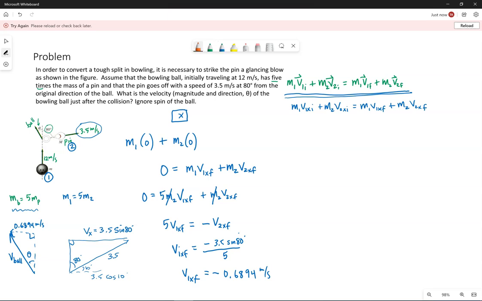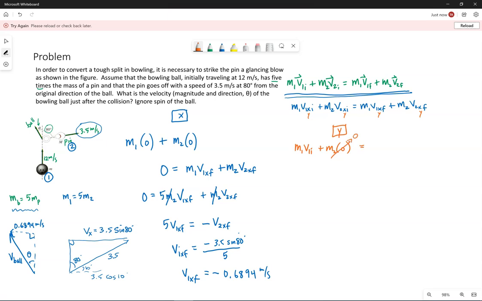All right, conservation of momentum in the y direction. So same equation, but instead of x's, we're going to have y components. So mass 1 is the ball. Mass 1, V1 initial, in the y direction, which is the 12 meters per second, plus a mass 2, but it's not moving at all initially.